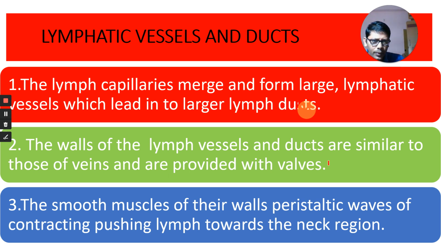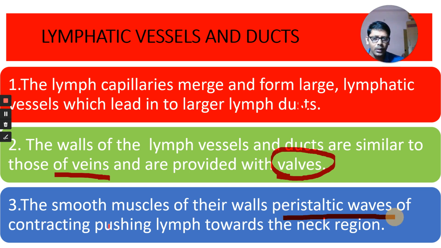The walls of the lymph vessels and ducts are similar to those of veins, and they are provided with valves. That's why they are valvular. The smooth muscles of their walls cause peristaltic waves, pushing the lymph towards the neck region.